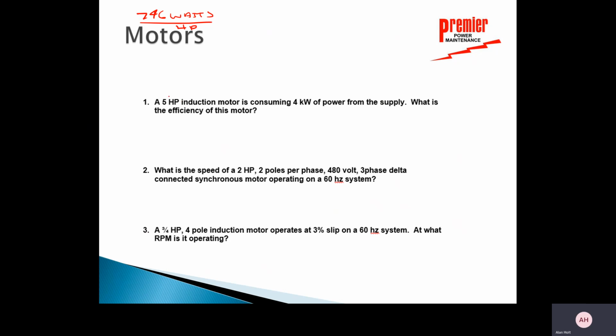So when I look at this problem, I have a 5 horsepower motor. That's 5 horsepower times 746 watts per horsepower. And when I do the math there, I find out that I've got 3,730 watts.